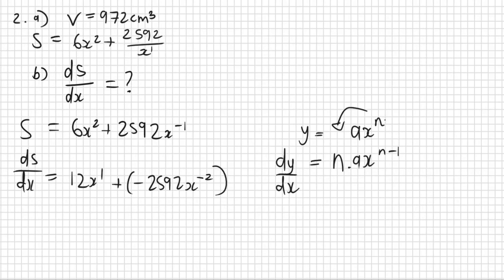You want your exponents in positive form. It will be 12x minus, because plus times a negative is negative, 2592 all over x squared, as this x squared is positive in the denominator. And that's question B.